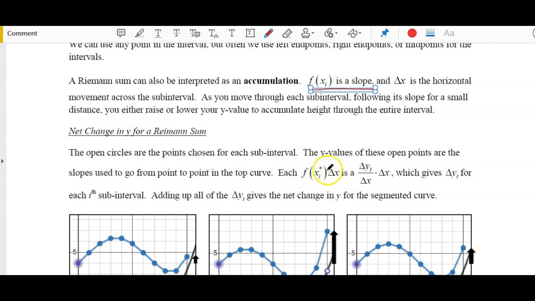And this f of xi star, since it's a slope, I can think of that as delta y over delta x, change in y over change in x, and then times a small little change in x again. So if I just cancel those out, then we're going to get this delta y. So what we're really adding up is all these delta y's over these small little intervals.